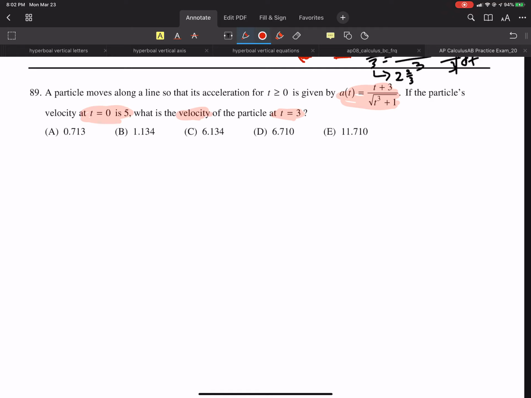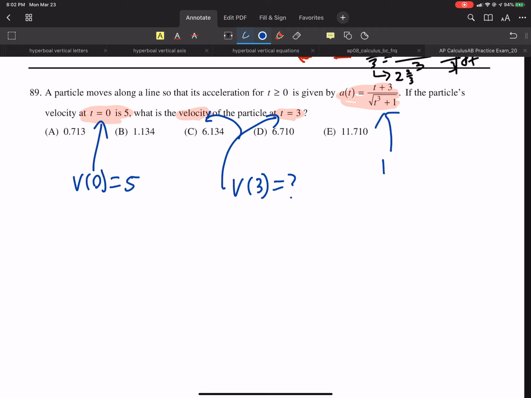I'm hoping you see it. So this here is saying v of 0 is 5. These two here are saying, hey, what's v of 3? And this is really v prime of t. And so, do you see it?